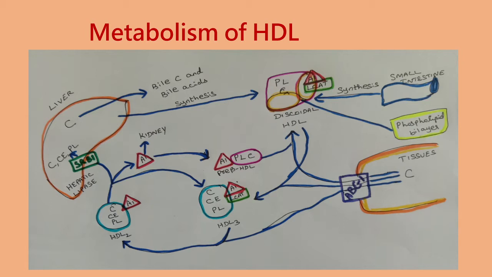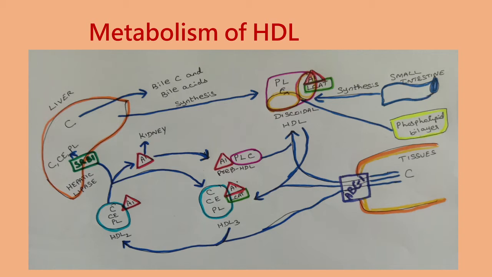It is also called nascent HDL or discoidal HDL. And these lipoproteins are similar to particles found in the plasma of patients with deficiency of the enzyme lecithin cholesterol acyl transferase, and in the plasma of patients with obstructive jaundice.